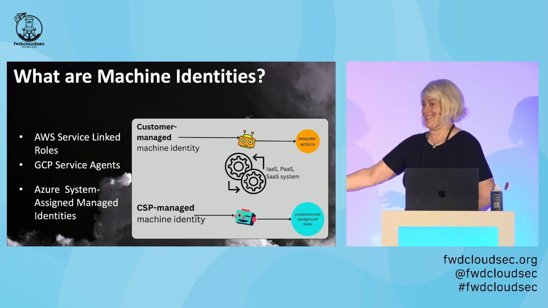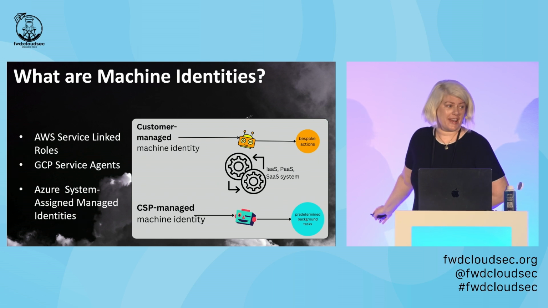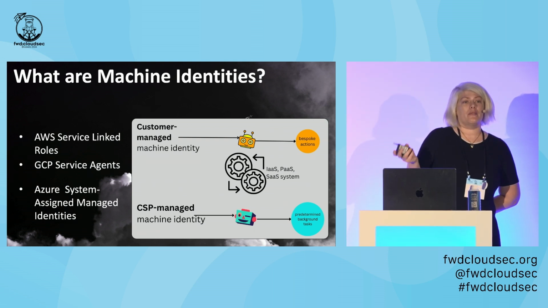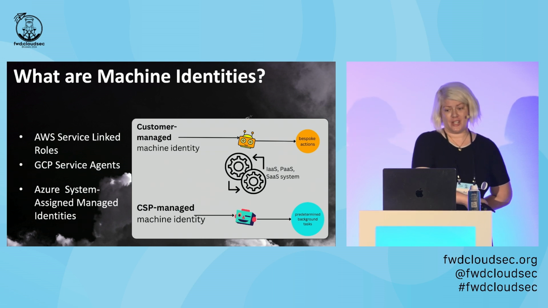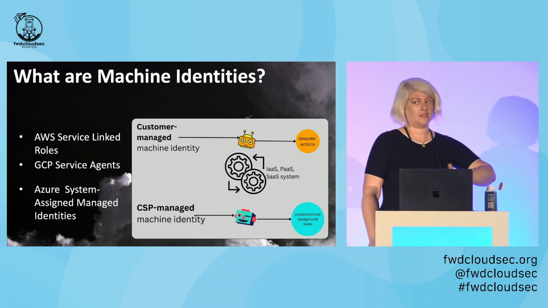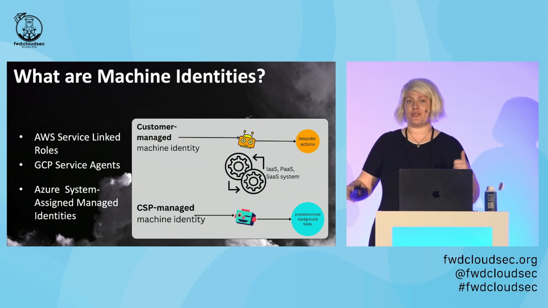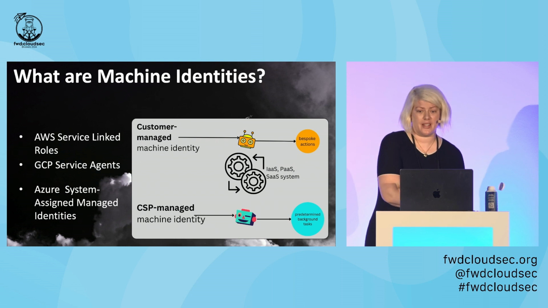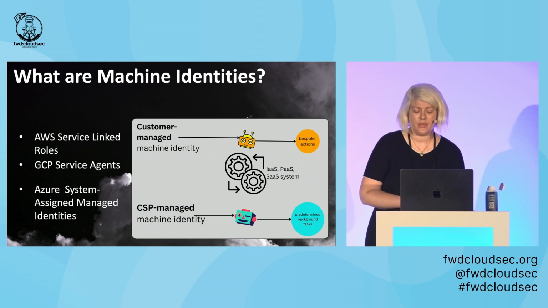This talk is not about customer-managed machine identities. We're squarely in the realm of the CSP-managed machine identities. These are your AWS service-linked roles, your GCP service agents, and your Azure system-assigned managed identities.